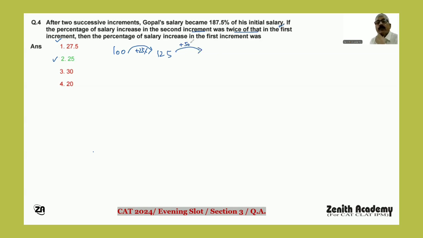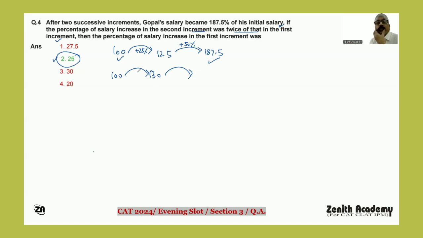So plus 50%, 125 का 50% हो गया 62.5. So 125 plus 62.5 is 187.5. So 100 becomes 187.5. Answer is 25.